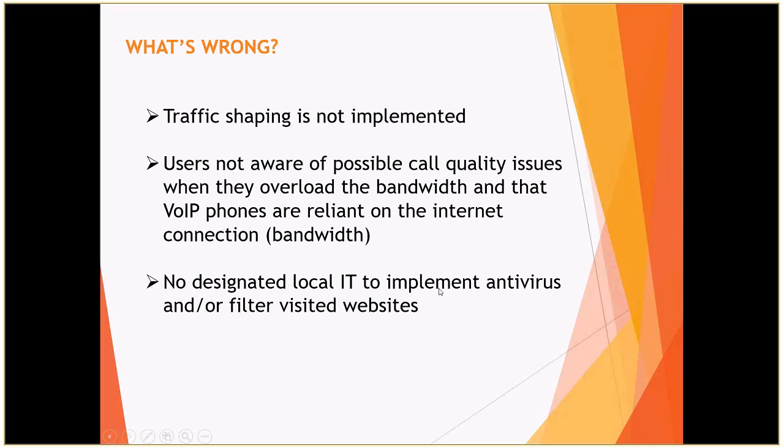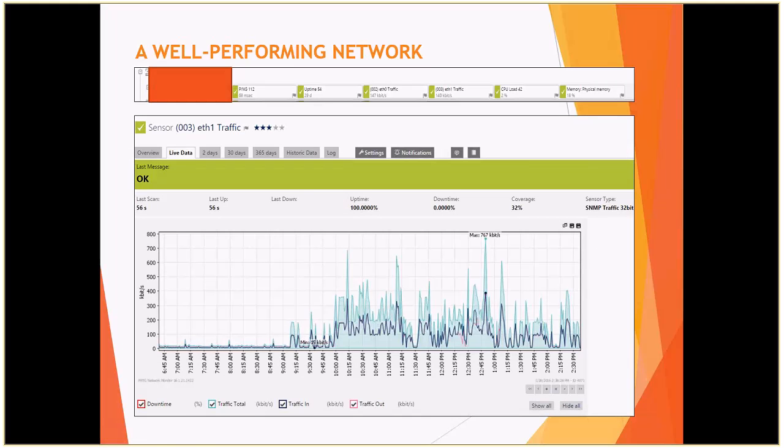So let me show you a snapshot of a well-performing network, on the other hand. As you can see, all the sensors are green, so they are within the desired threshold.